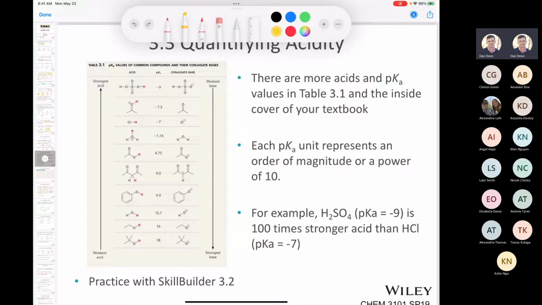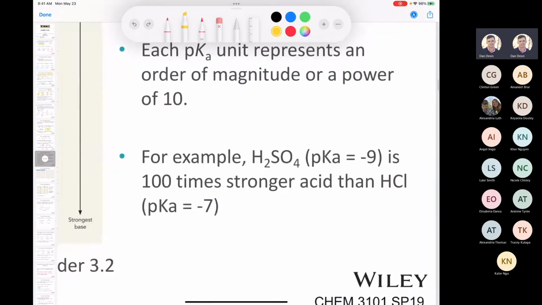However, a couple of things that I need you to remember about log units are that each pKa unit represents an order of magnitude, or a power of 10. That means that if you're comparing sulfuric acid, which has a pKa of -9, and HCl, which has a pKa of -7, what's the difference between -9 and -7?